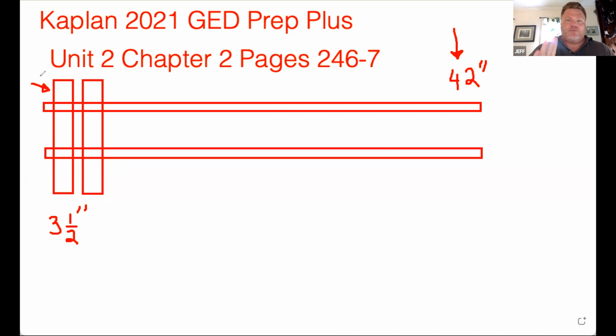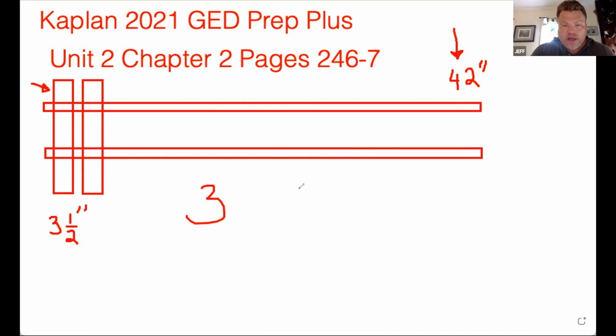So how do we approach this? There's a couple different ways. One way is, whenever they start going to fractions or decimals, just pretend for a second that it's a whole number. Let's say each one of these boards was 3 inches. Nice, easy number to deal with.